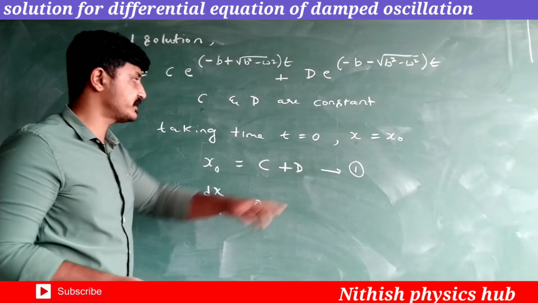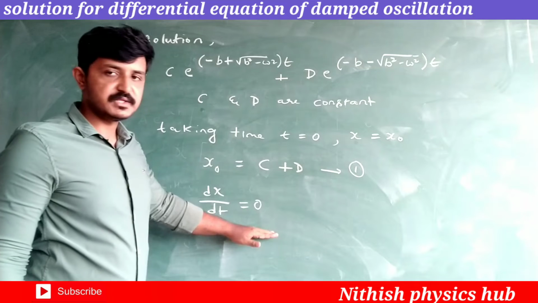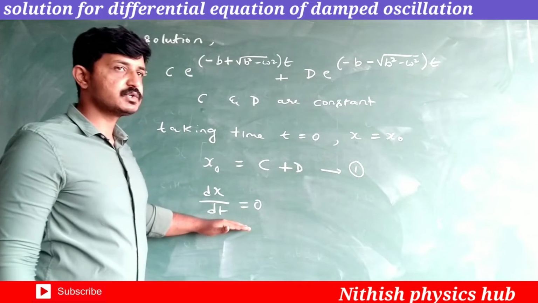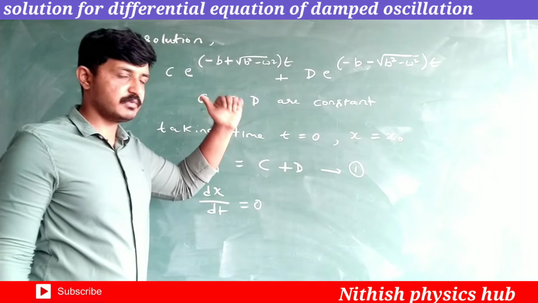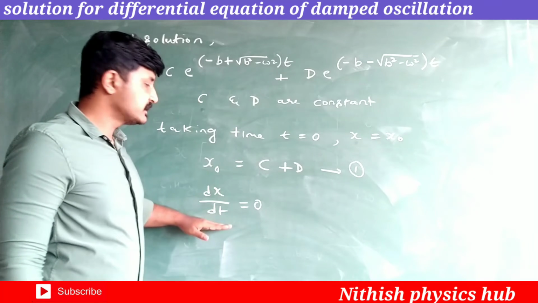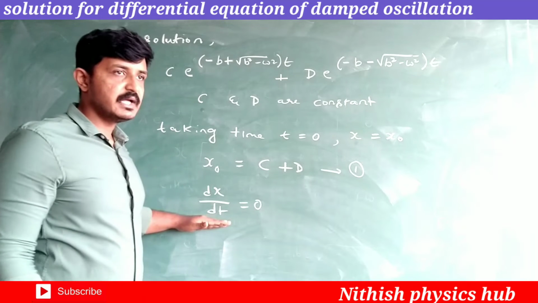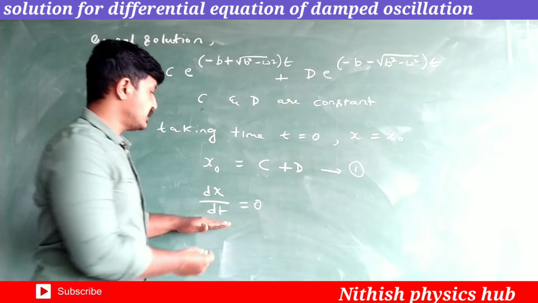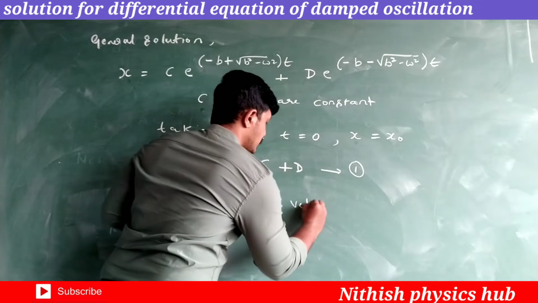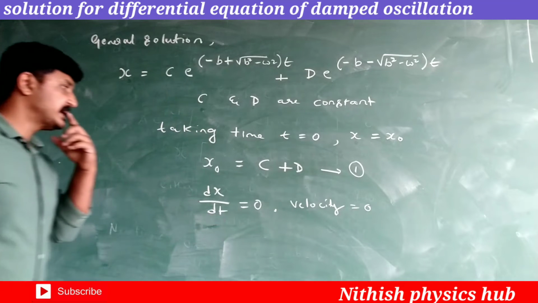Whenever I take the position x naught at the initial time t, if x tends to the maximum position, it should come to rest and reverse the direction. So at the peak point where it reverses direction, the velocity will become 0, where velocity is considered as dx by dt.